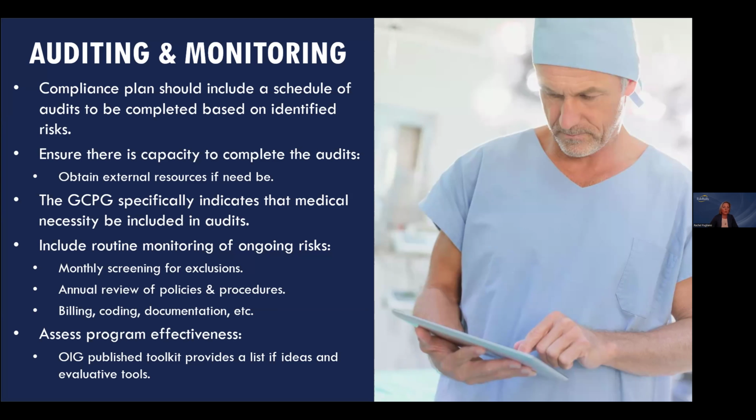And so one of the things that goes into that conversation is ensuring that you have capacity to complete the various audits. There might be things that are high priority and are high risk, and they're number one or number two on the list of things that you want to address from a compliance perspective. But if you don't have a resource internally to perform that type of audit, you may need to look externally for some assistance.